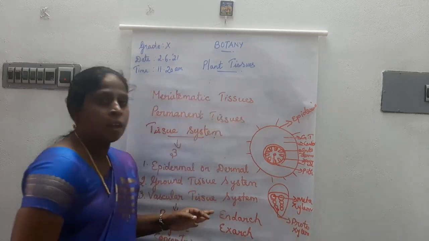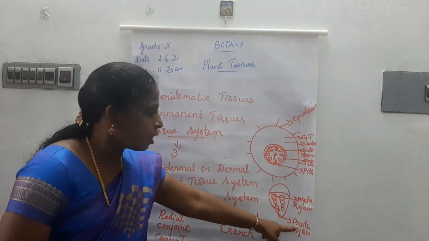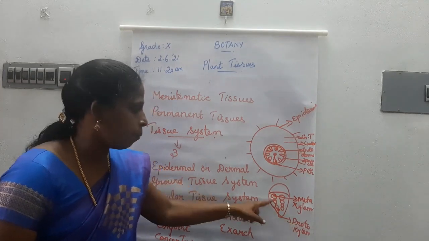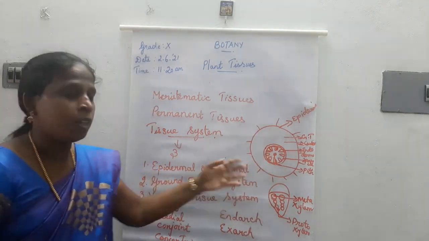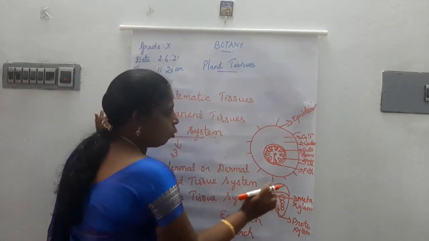Protoxylem is the first formed cell. Metaxylem is the later formed one. The metaxylem consists of a long lumen.